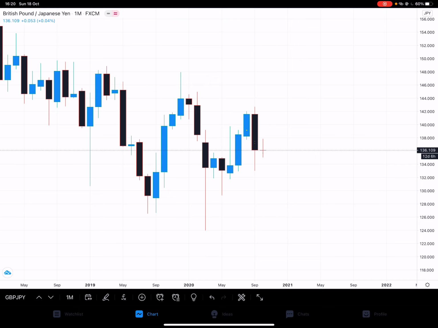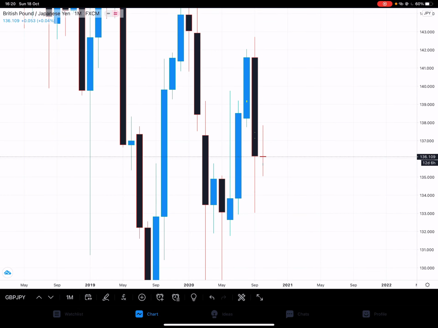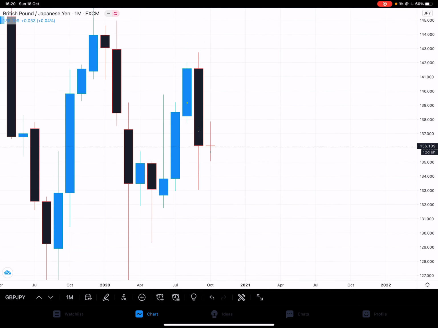First of all, we're going to start on the monthly time frame. As you can see, last month we had a big bearish candle. And now we are more than halfway through this month, and we've just made the top wick, and now it has flipped bearish, which is very interesting.